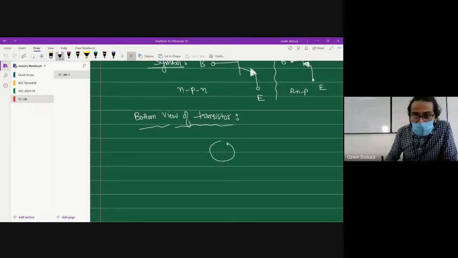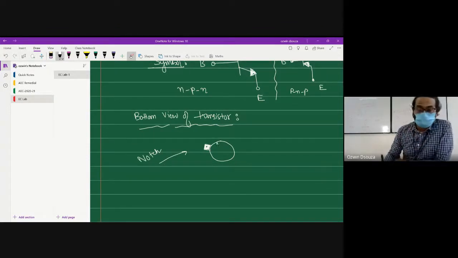It's a circular shaped object, the transistor, and there will be a notch. This is what I was referring to. There is a small protrusion. This is called the notch, N-O-T-C-H.